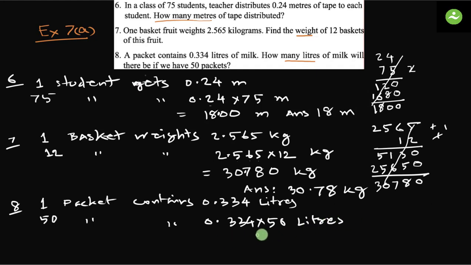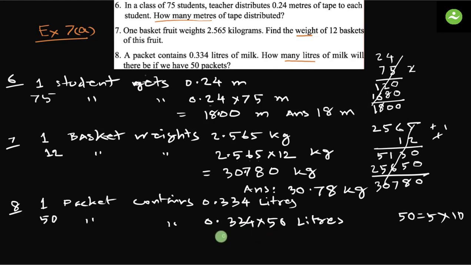Liters. Here when you see the quantity is 50 or 100, or there is a 0 on the right side, we can make it simple. How? We know 50 equals 5 into 10. So instead of multiplying by 50, we can just multiply by the one-digit number 5 and then add a 0 on the right.